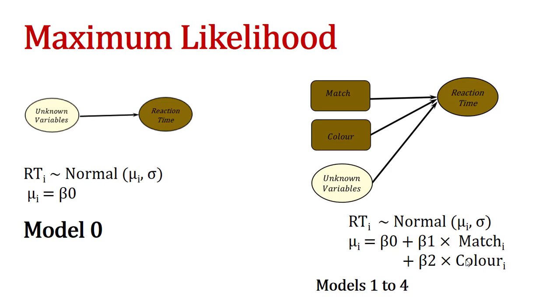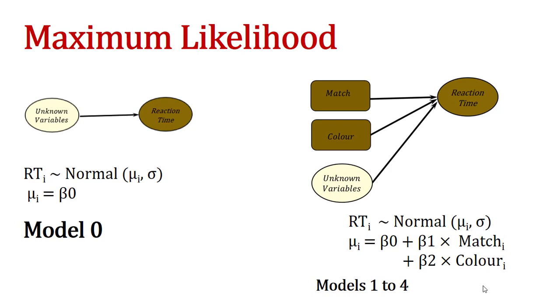The same when color is 0 and match is 0 or 1. So basically we've got three cases, three combinations of values in which it will be 0. Only in one combination of values are we going to get 1: when match is 1 and color is 1, 1 times 1 is 1.